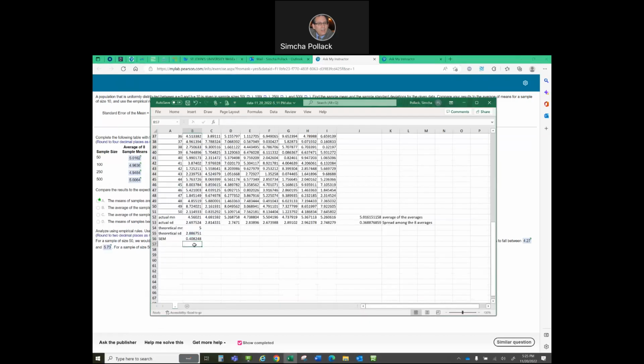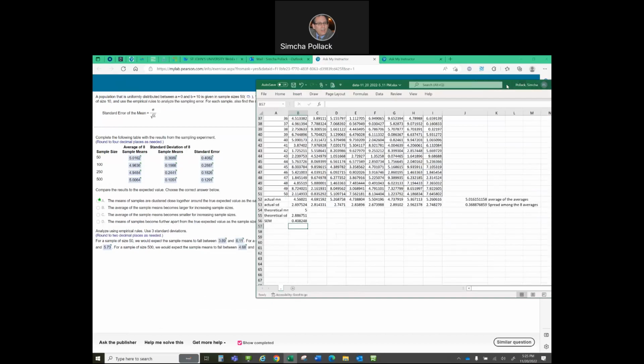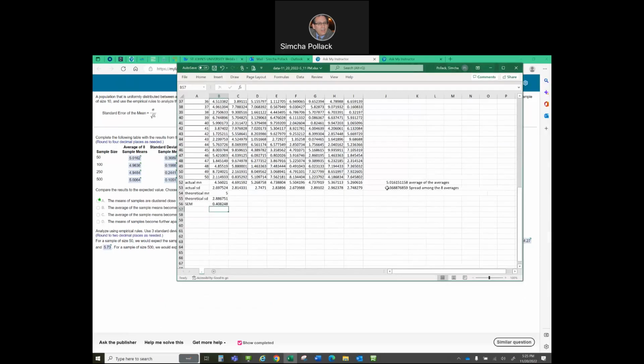Let's take the actual average, which was, see, what are they trying to do? The grand average? With 3 standard deviations. All right, this is the standard deviation among the averages, and this is the average among the averages.